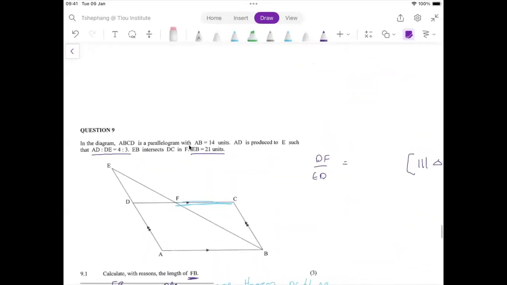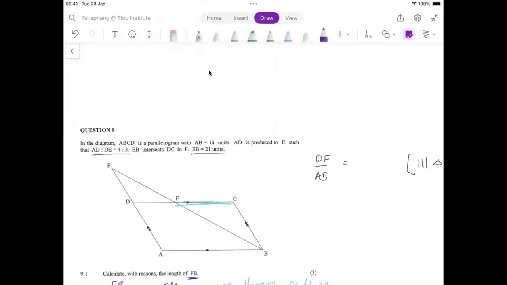So if I say DF over DF, yeah, this is not going to work. Let me just correct it. Sorry. DF over AB. Maybe there's a correction in the chat. Let me just look at the chat.